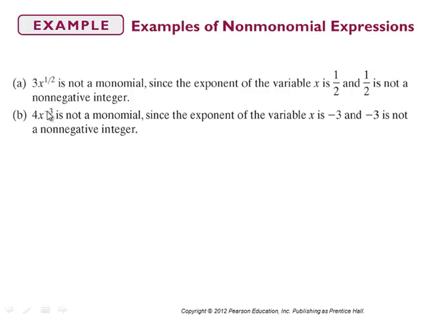It's a fraction. Likewise, 4 times x to the negative 3 power is not a monomial, because this exponent is not a non-negative number. When you have a negative exponent, then we do not have a monomial.